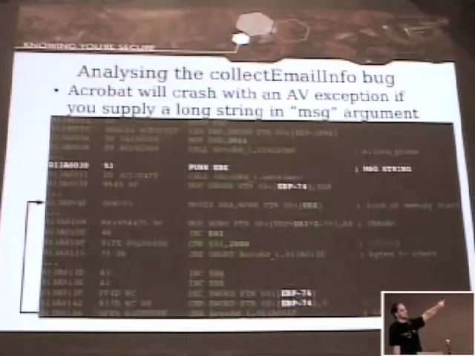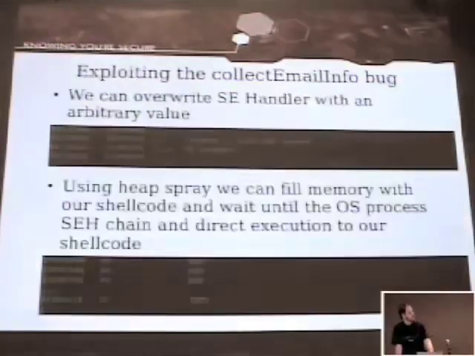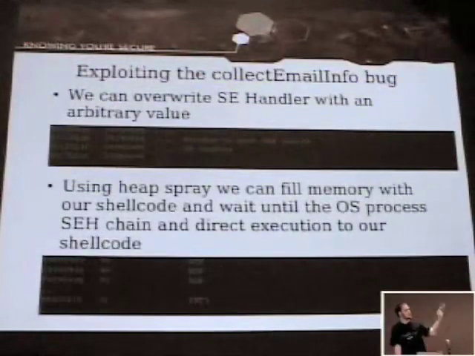At the beginning, it allocates 2,000 hexadecimal bytes to put the buffer there. But then it checks the boundaries as 2,000 Unicode chars. So that's wrong. You can overflow 4,000 bytes of memory and not just the allocated 2,000. So you can override the safe exception handler with an arbitrary value.